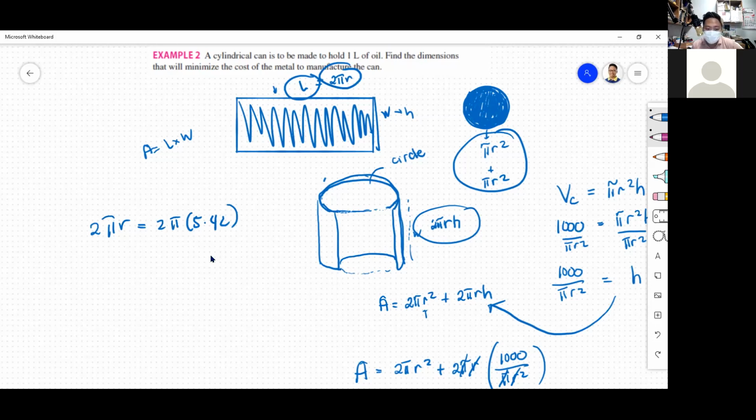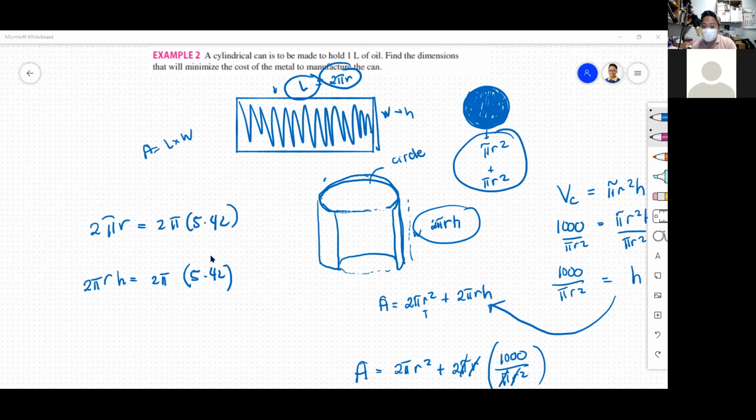And then, kung sa resulta ana, that's one of the dimensions. The other one, guys, is the 2 pi r height, which is, ilan man na?